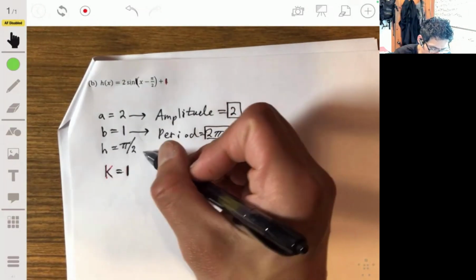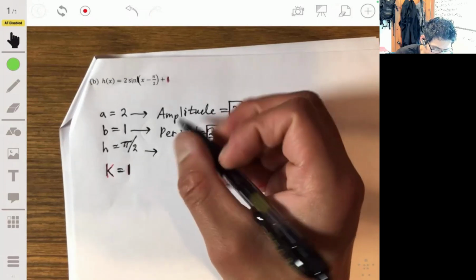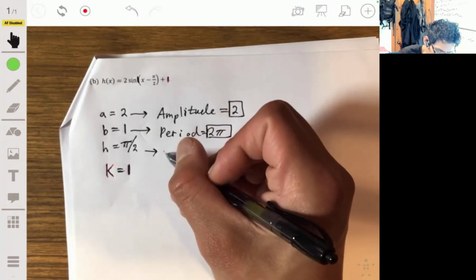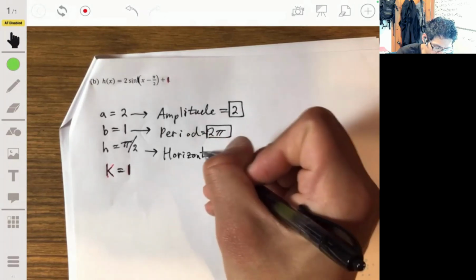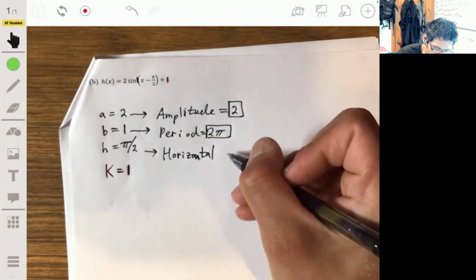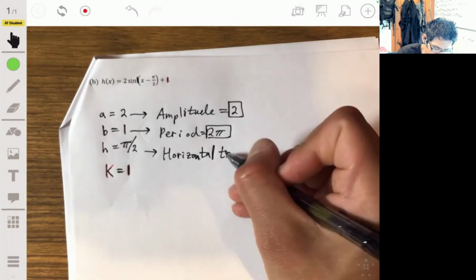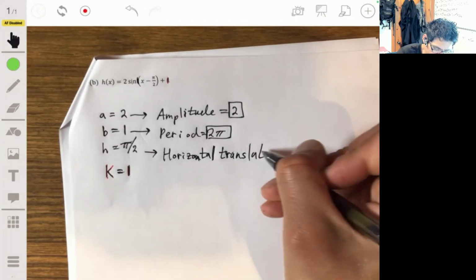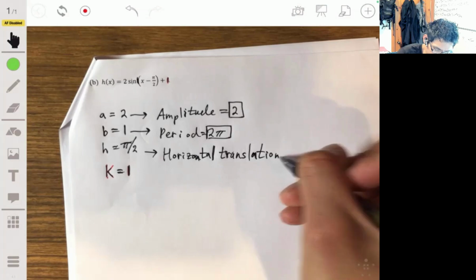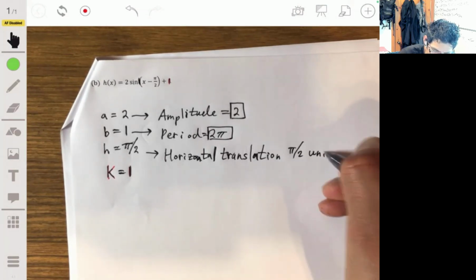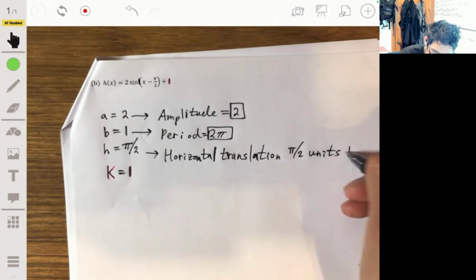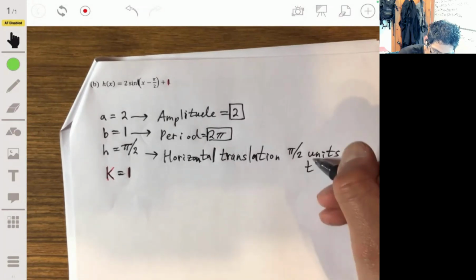H being pi over 2 translates the graph horizontally, pi over 2 units to the right.